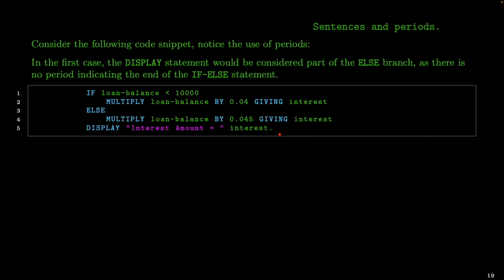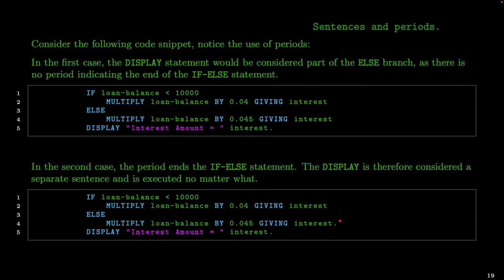And here it's important to note if we use a period here at the end of this multiply instruction. Because if we use this code here, then the compiler will interpret as if this display instruction belongs still to the else branch of the if-else instruction. So this will only be displayed if we actually have a loan balance of greater or equal 10,000.